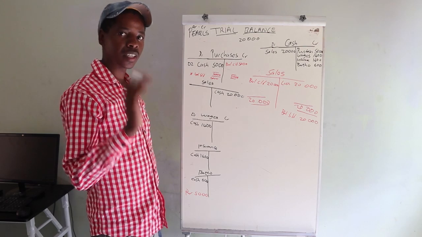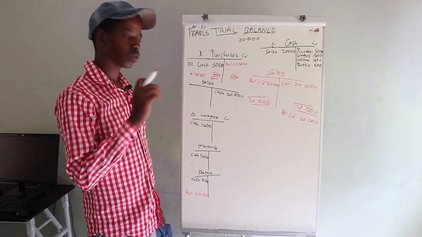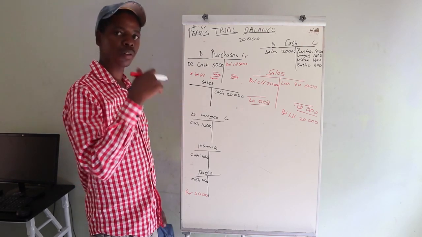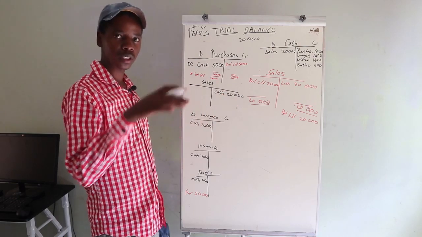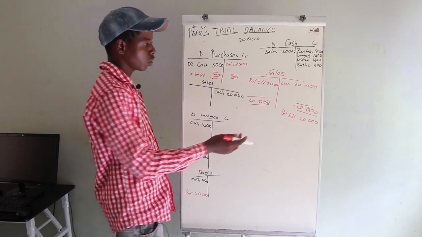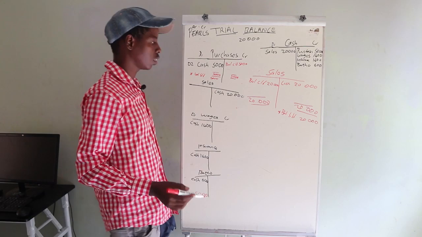Remember, balance carried down and balance brought down, the figures are equal, right? So we only mean that we take the figure from the previous period and place it in the new period, right? So this 20,000.